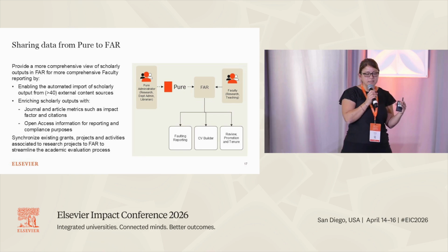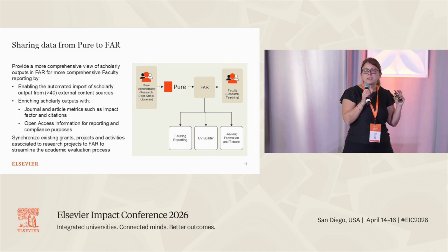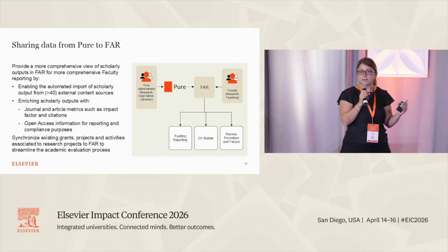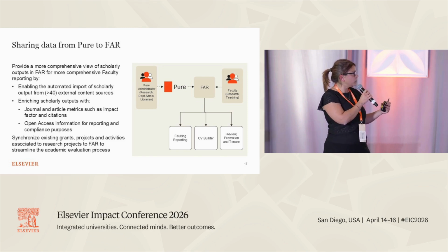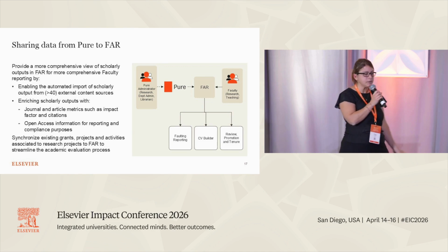So in this case, the data is moving from Pure to FAR. And what we want to leverage from Pure is, as I mentioned before, capabilities such as automatically importing and collecting scholarly outputs from more than 40 external content sources for different content types.